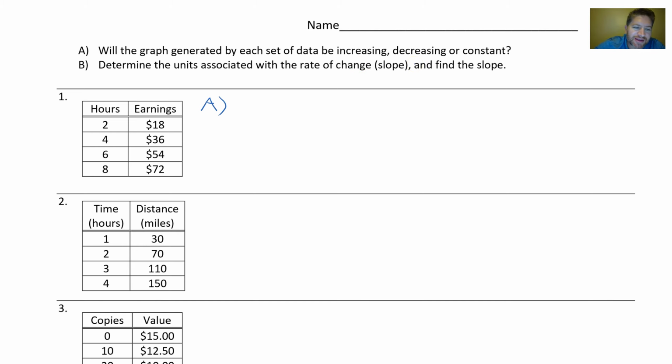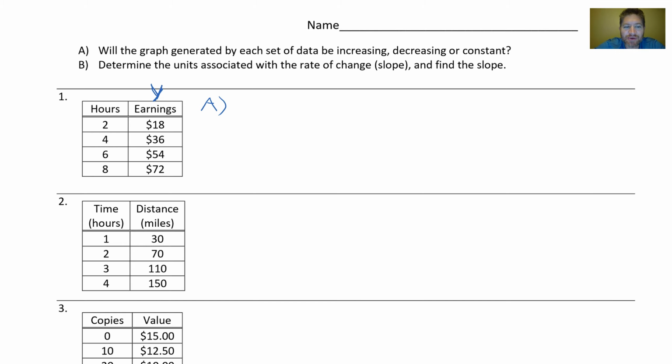When you look at any of these problems, what we're looking at is what the whole problem is about. This one has some input of hours, and it's giving us some output, which is earnings. So the earnings are what we're talking about here. The next one is the distance that we're going to travel, and the other one is the value. So the y is what we're always focusing on.